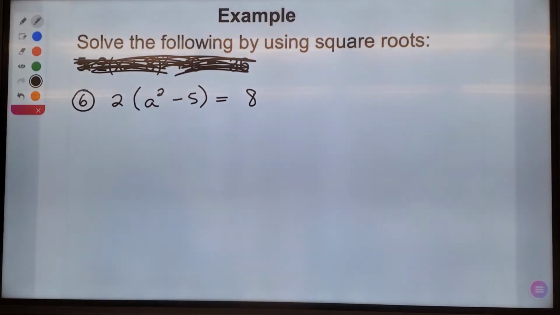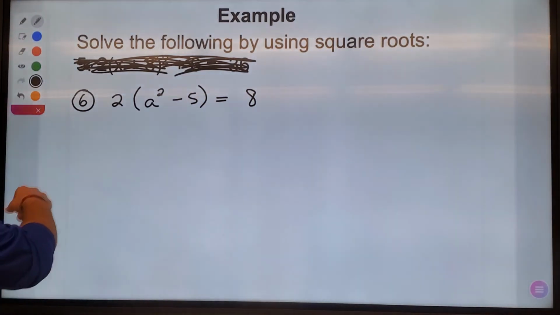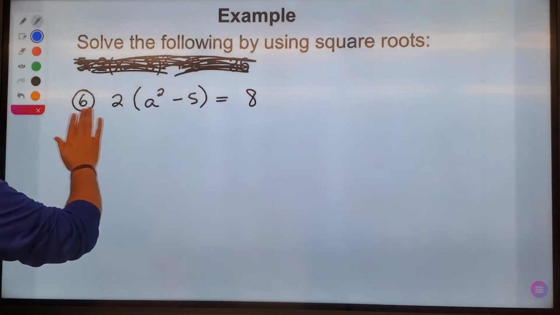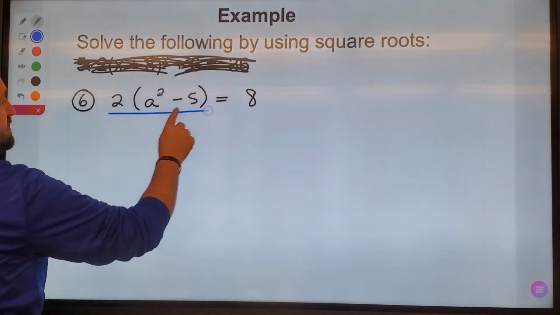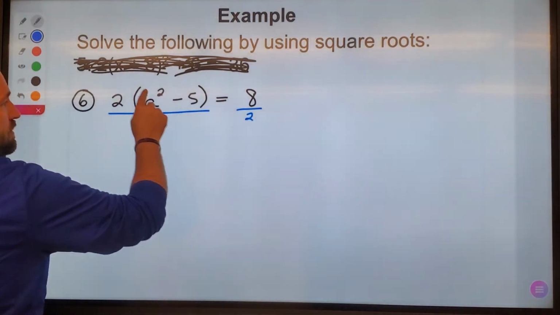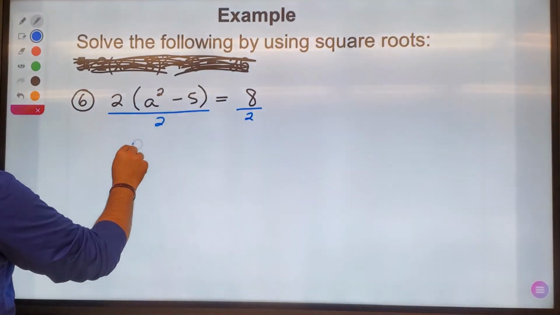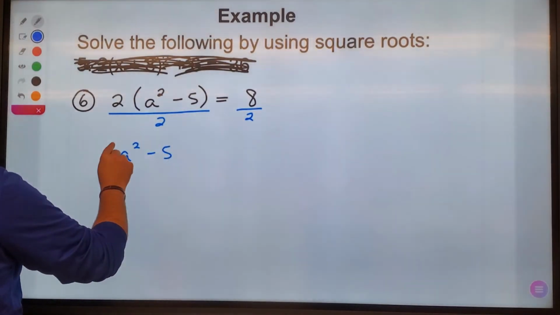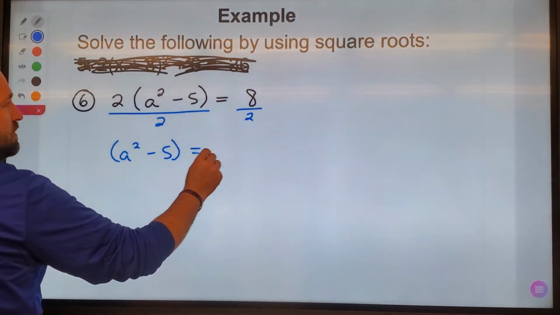So I still need to get that squared term by itself. So my suggestion, since we have this setup, is I'm going to divide both sides by 2. Again, whatever's outside here. That would then leave me the a squared minus 5 in parentheses equals 4.